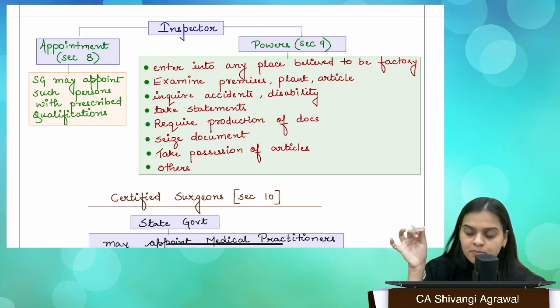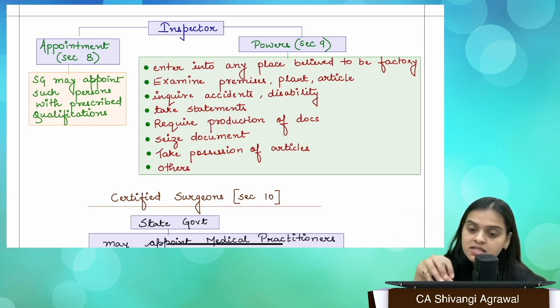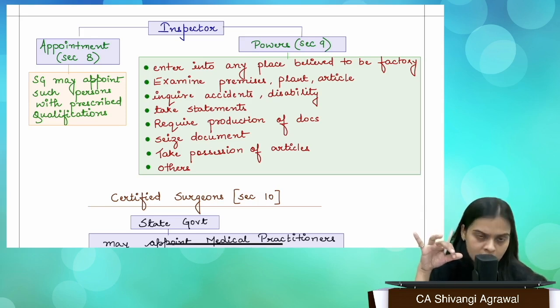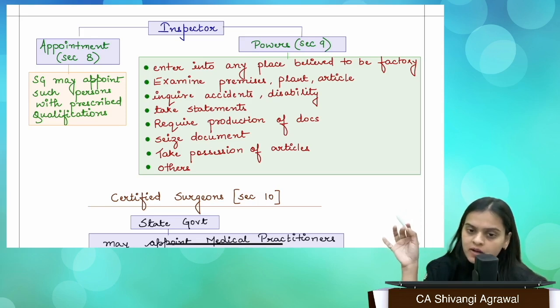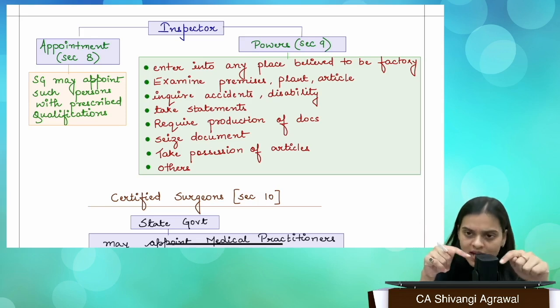Practically, we have chief inspectors, we have a lot of authorities, and the DM of the area is involved over here. Whatever the prescribed qualification is, we don't have to get into that detail, the state government will appoint them as inspectors, and this is the jurisdiction limit which has been given to you.